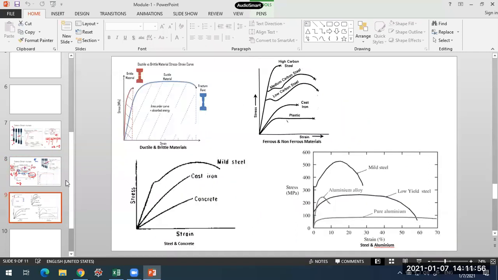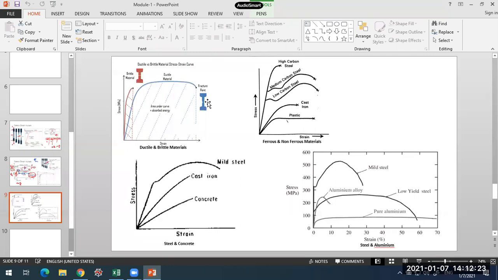And these are some stress-strain curves. The first one shows the difference between the brittle and the ductile material. The red one is the brittle material, whereas this blue curve is for the ductile material. A ductile material undergoes a large amount of elongation before it fails, whereas in case of a brittle material, no such elongation will be observed. In terms of the specimen, this is what you have.